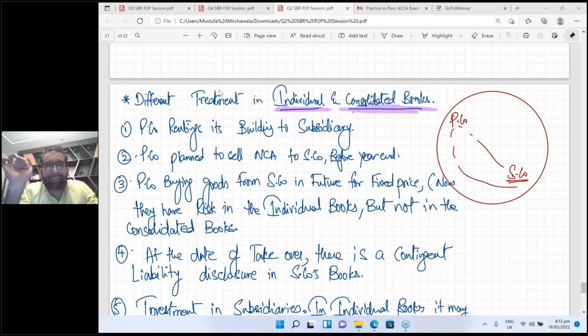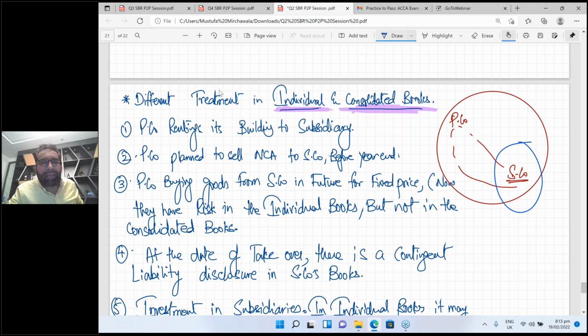Now the question arises, sometimes when parent company acquires S company, S company has got a contingent liability disclosure in its individual books. According to IAS 37, it's okay because the outflow probability is only 30% or 40%, that means less than 50%. So in the individual books the disclosure accounting is perfect.